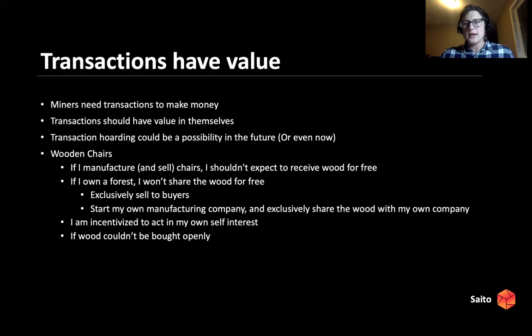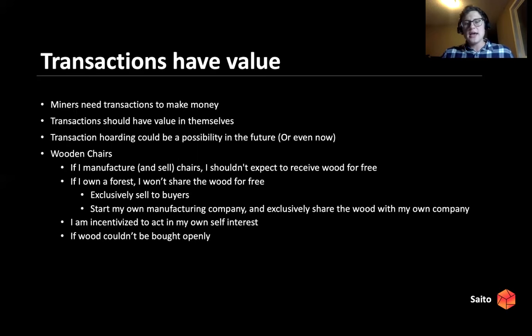If I were to tie this closer to a real world analogy, I would compare it to the situation where we have a wooden chair shortage in the world. If I manufacture and sell chairs, then I shouldn't expect to receive the wood that's used to make those chairs for free.